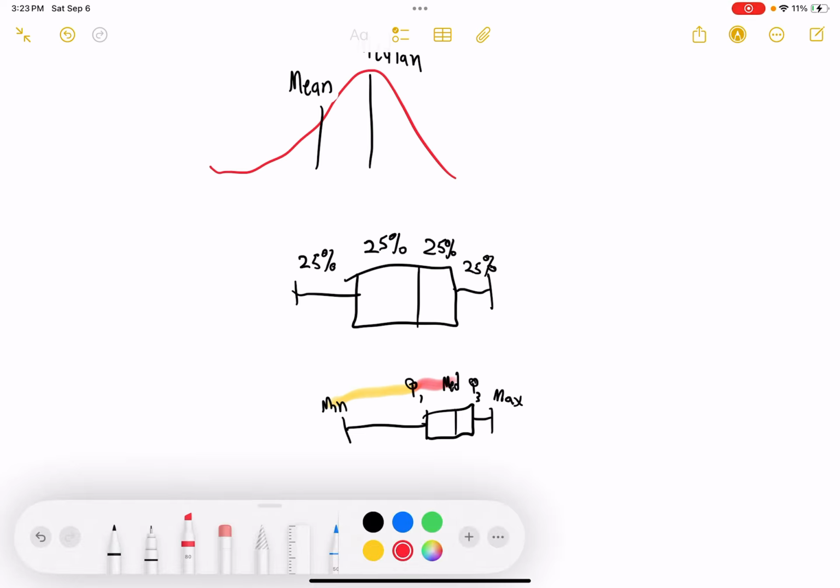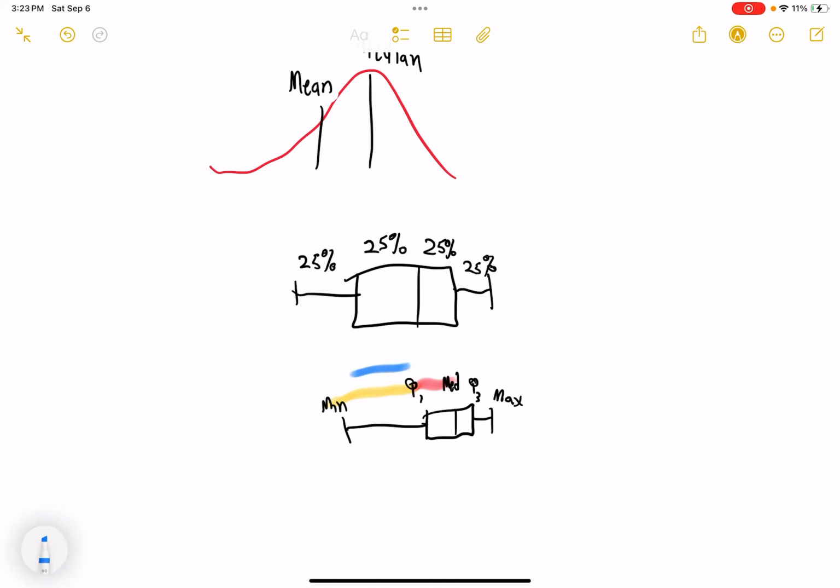However, we would also say that the value of Q1 minus the min is a greater value than the median minus Q1. And what that's saying is, if I took my quartile 1 value, I would expect a much bigger number by subtracting the min from it, because there's a greater distance of x values between the min and Q1. Same number of data points, but a greater x value, a bigger range, if you will, between min and Q1 than between Q1 and median.